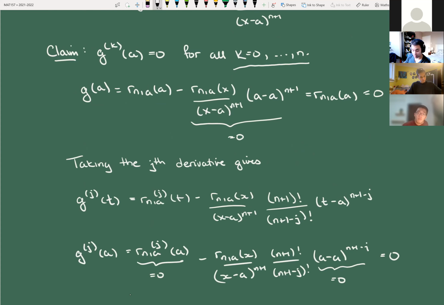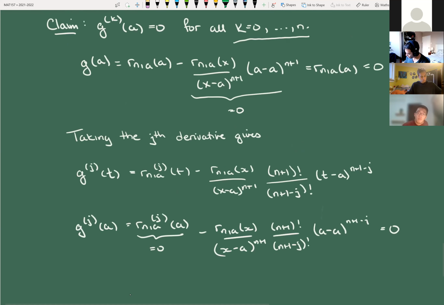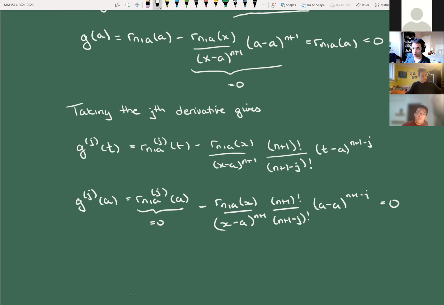When I say I'm taking the jth derivative, that means I'm implicitly saying j is between 0 and n. And if you look at the exponent here, n plus 1 minus j, if the biggest that j can be is n, that guarantees that there's some t minus a which survives, right? It's never going to be an exponent of 0. It's always going to have a positive exponent. So that guarantees that that term also always disappears, right? So we're done with our claim. We've now shown this for an arbitrary j, so it's true for all j's. So that completes the claim.